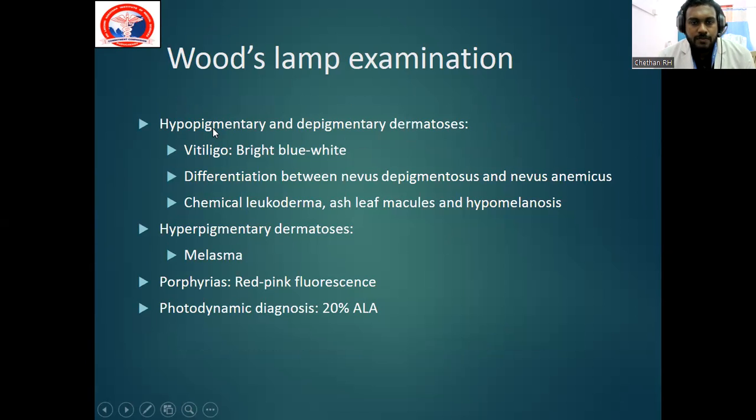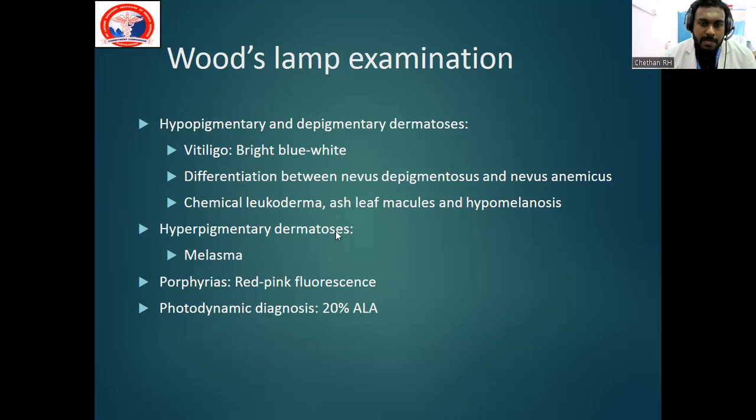It is also useful for diagnosing certain hypopigmentary and depigmentary dermatoses. In vitiligo, the lesion appears bright blue-white. This will also help in differentiating between lesions such as nevus depigmentosus and nevus anemicus, and it is also useful for differentiating chemical leukoderma, active macules, and hypopigmentosis.